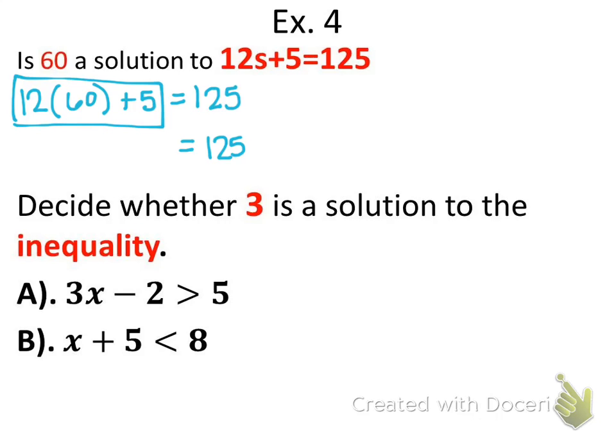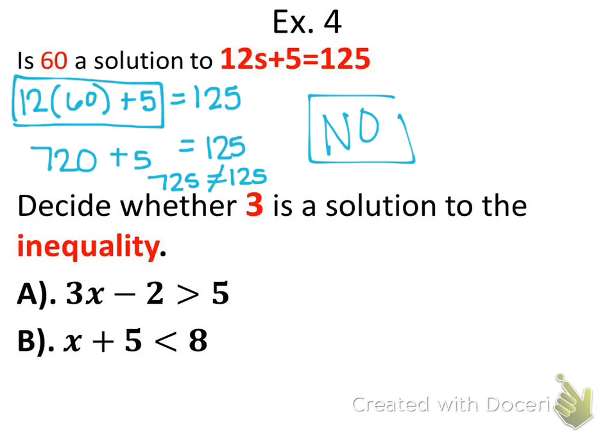So you want to do 12 times 60 first, and then I get what? It's 720, and then plus 5. Let's see. Is this going to be a solution? No, because 725 does not equal 125. So no, it's not a solution.